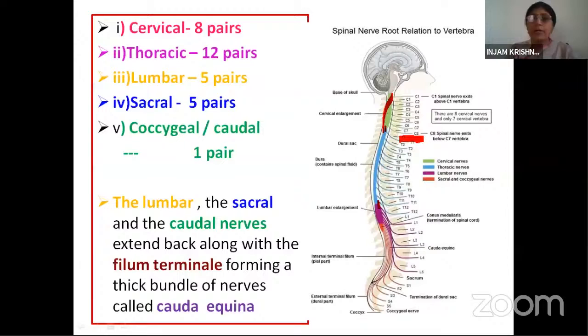L1 to L5. But you are not able to see the spinal cord up to L5. Actually, L5 is here, but there is no spinal cord. The spinal cord ends between L1 and L2.